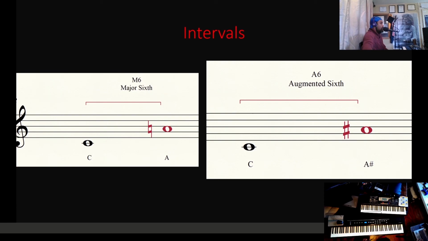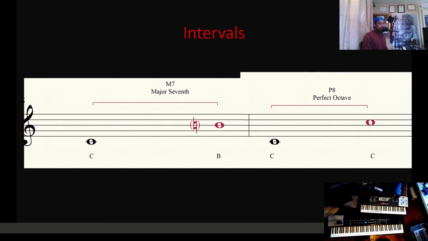But if we make that A sharp a B flat, which we don't see here, it's a minor seventh. But if we raise that minor seventh to a major seventh, that B natural, which you see on the left, that's what you get, a major seventh. There's your major seventh. And then your perfect octave, C to C.